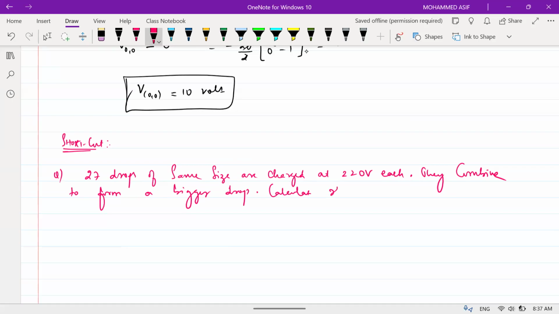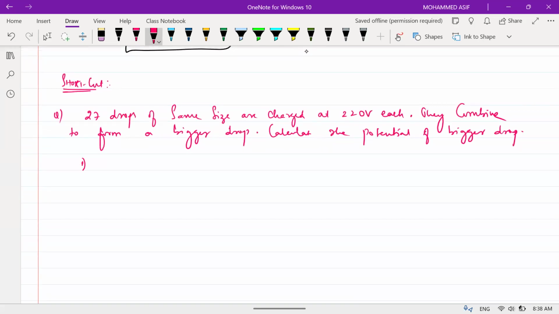I need to calculate the potential of the bigger drop. This was asked once in the NEET exam. Options given are 1900 volt, 1980 volt, 2200 volt, and 1200 volt.